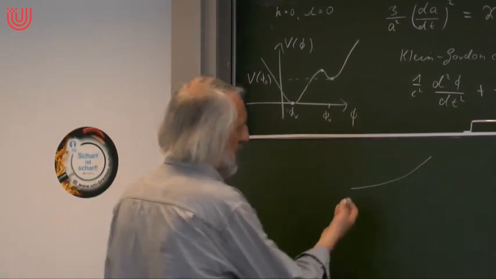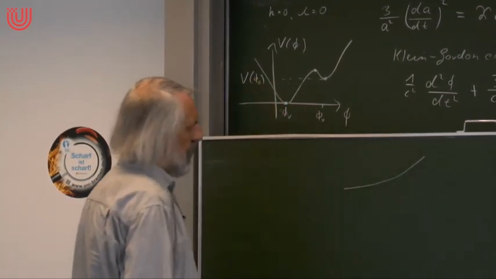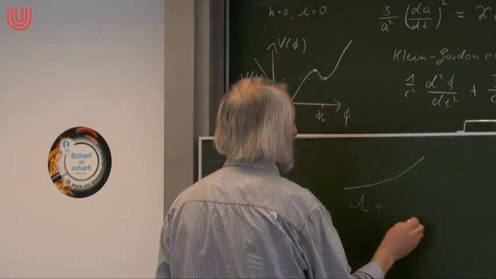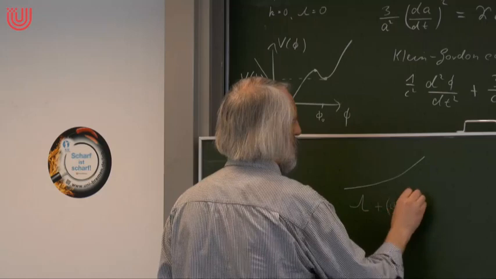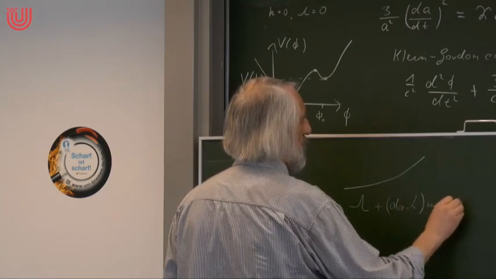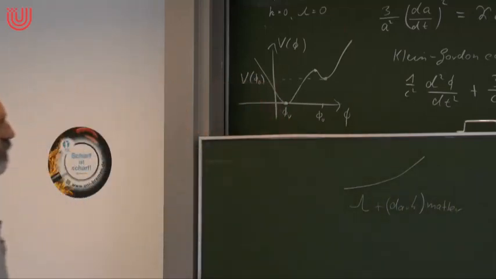And we certainly have matter around. And matter is partly luminous matter and partly dark matter. So at the moment, we have lambda plus dark and luminous matter. So that's the matter content we need for the universe right now.